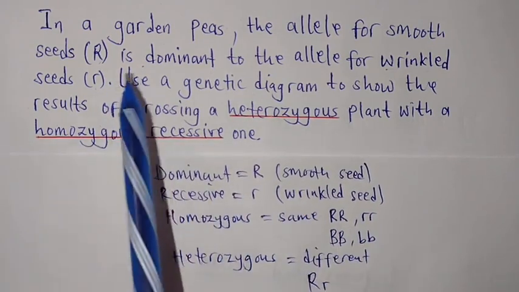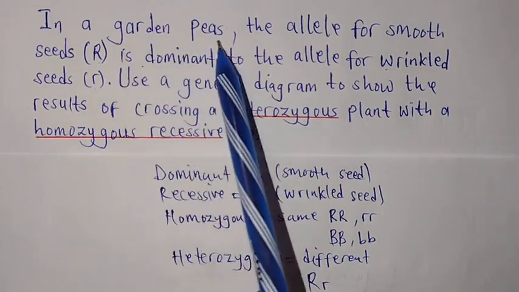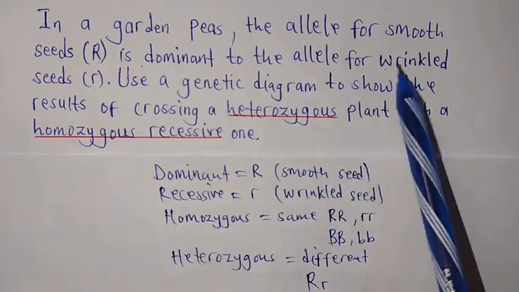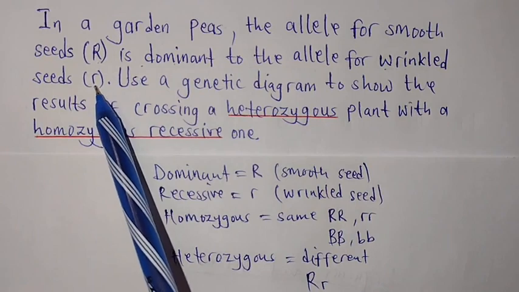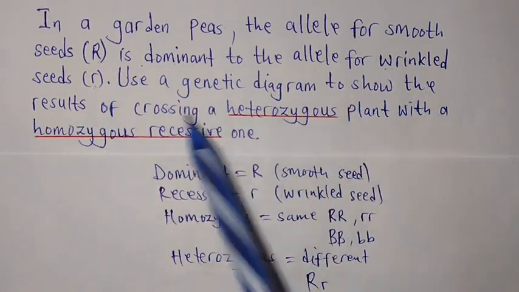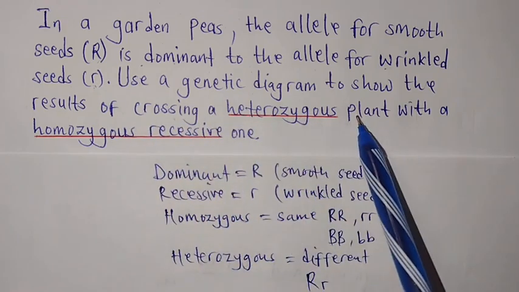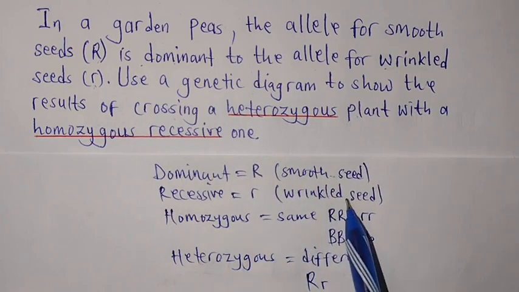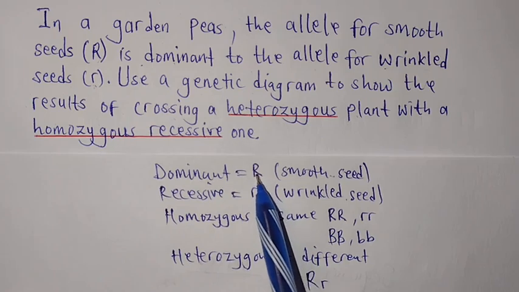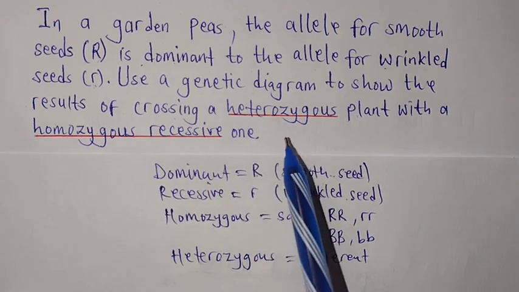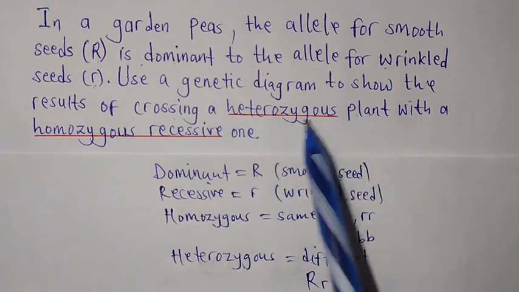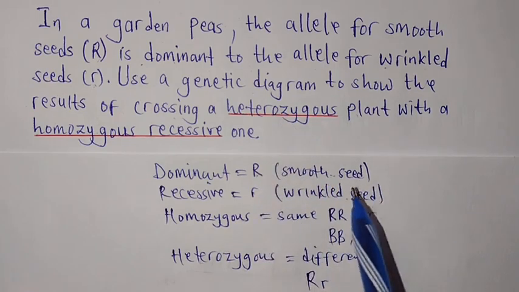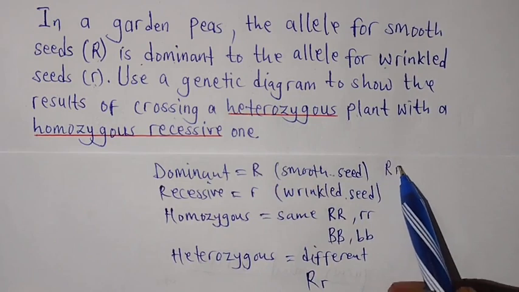Now come back to our information. In a garden pea, the allele for smooth seeds, R, is dominant to the allele for wrinkled seeds, r. Use a genetic diagram to show the results of crossing a heterozygous plant. Since smooth seed and wrinkled seed are presented by capital letter R and small letter r, we are crossing a heterozygous plant, which has two different alleles: one a capital letter, the other a small letter.